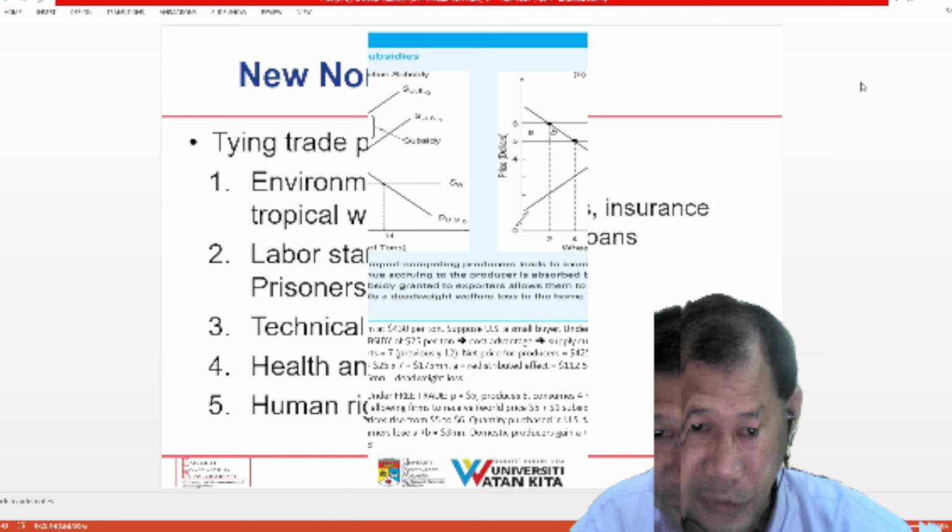So, okay, tariff, quota, tariff. Subsidy. Domestic subsidy has only one deadweight loss compared with tariff. So domestic production subsidy is bad but it's not as bad as tariff, not as bad as quota.